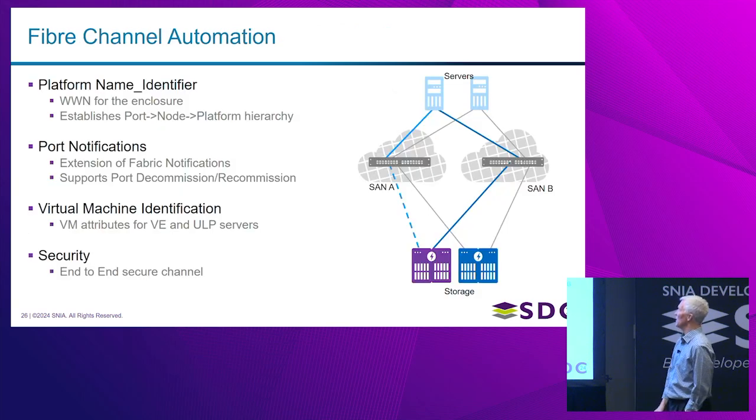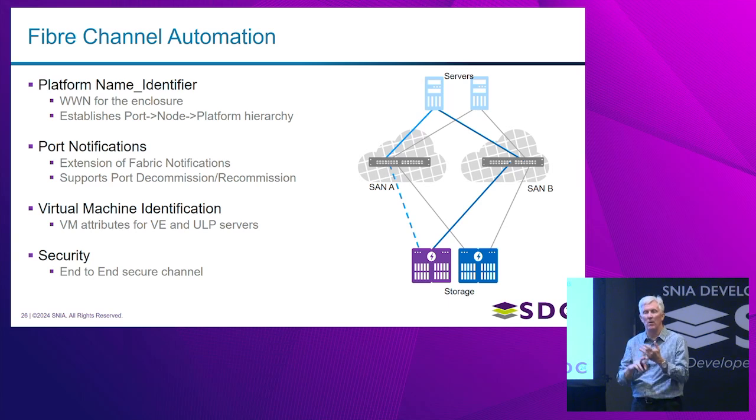The other thing we're working on is the ability to identify the enclosure of a Fibre Channel entity. Today we can identify the port with a port worldwide name, and we can identify a node behind that port with a node worldwide name. Now, with the platform name identifier, which I'll call an enclosure worldwide name, we get a hierarchical level.